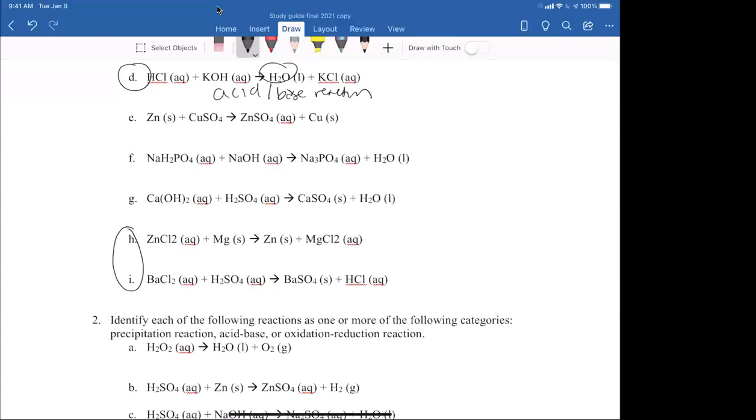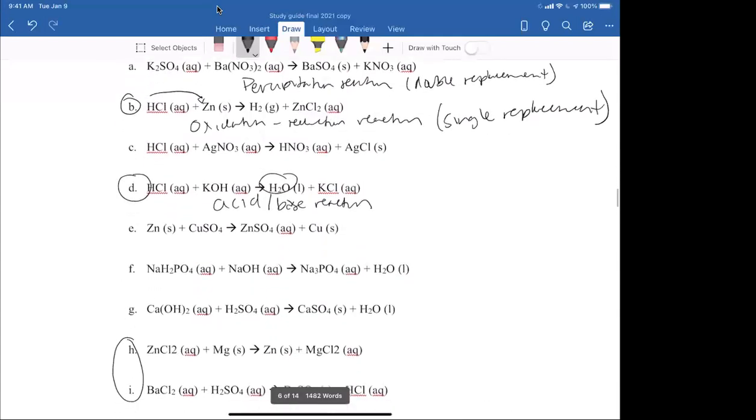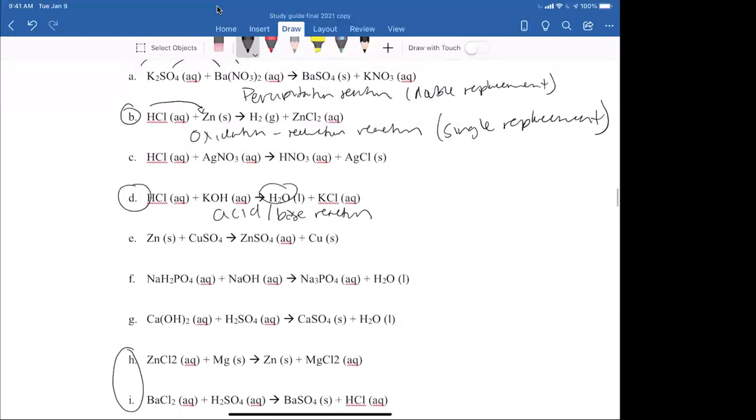All right, guys, let's look at H. According to these three examples, which one would H best fall under: precipitation, oxidation reduction, or acid base?